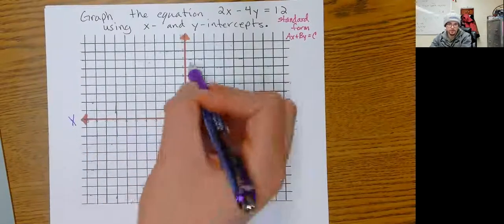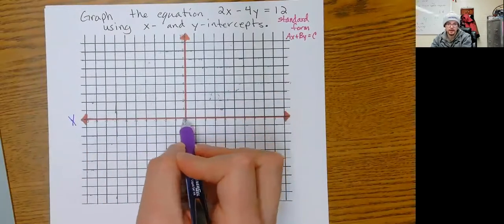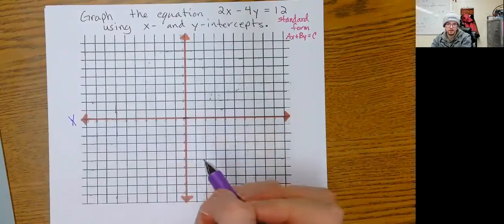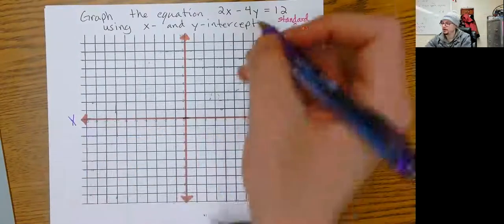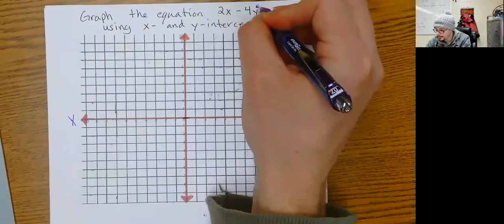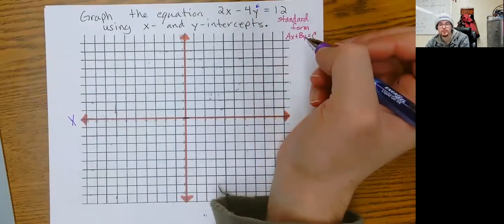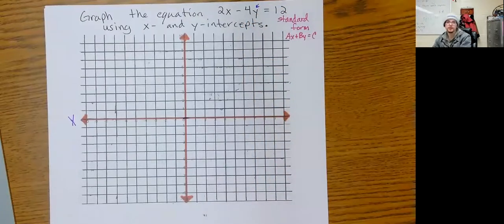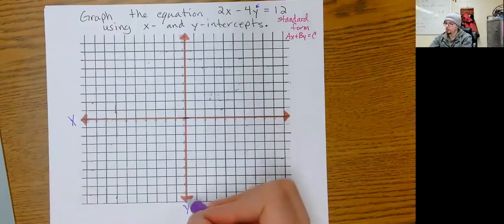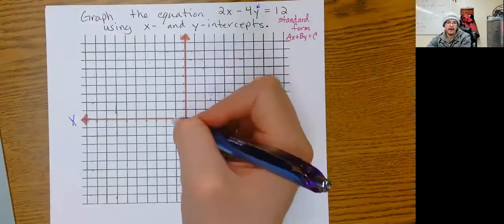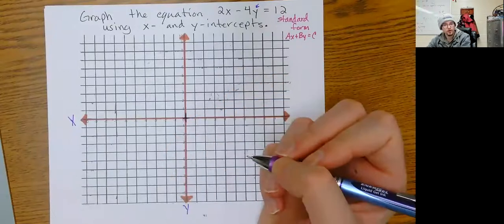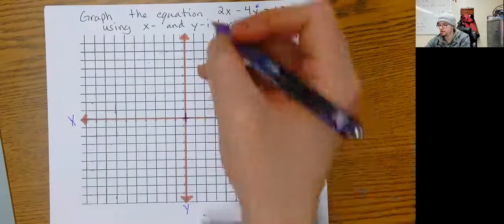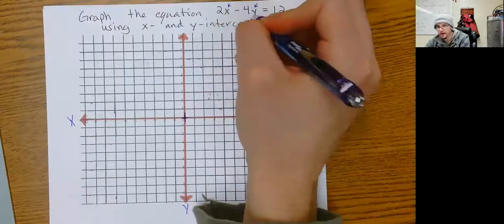The y value, which is up and down, on the x-axis is 0. So if I want to find the x-intercept, you can plug in 0 for y and then solve for x. Same goes if you want to find the y-intercept, well, what is the x value on the y-axis? 0. So you can plug in 0 for x to solve for the y-intercept.